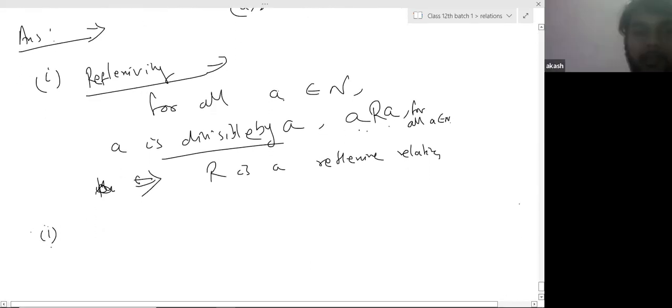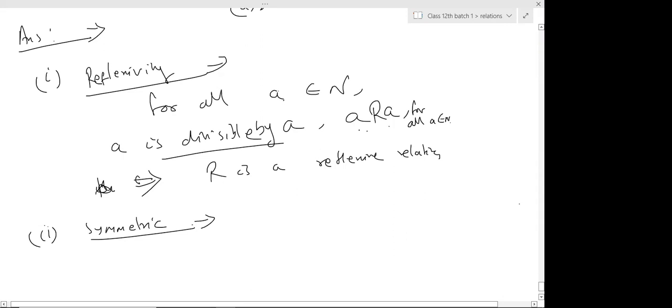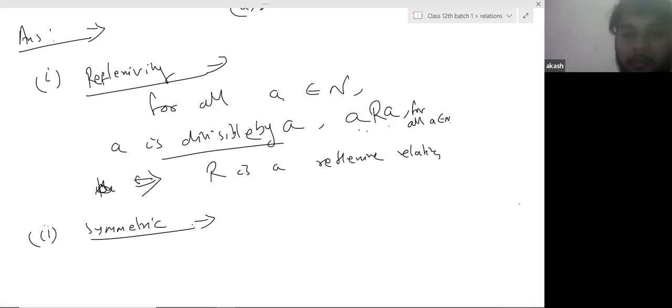Now for symmetric. Can anyone tell me if this is a symmetric relation or not? All right, Ronaldo, what does a symmetric relation say?